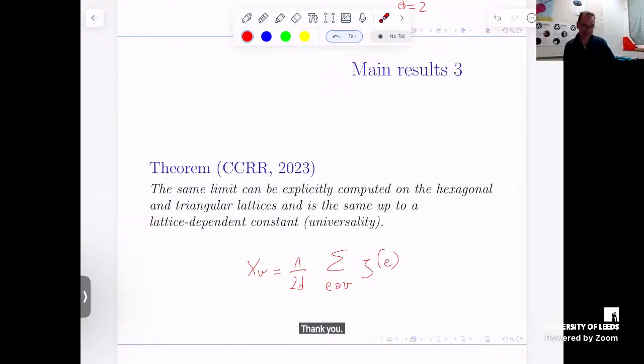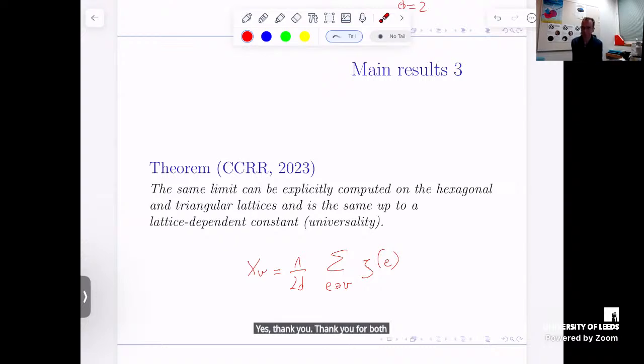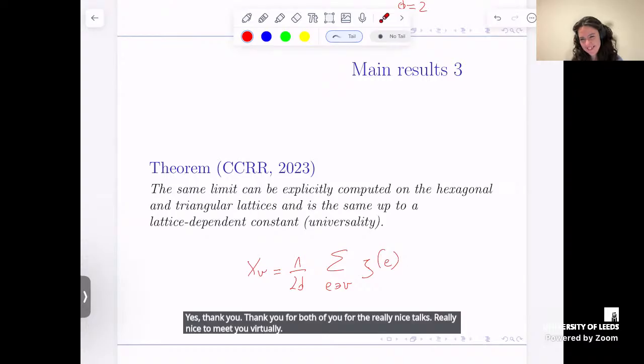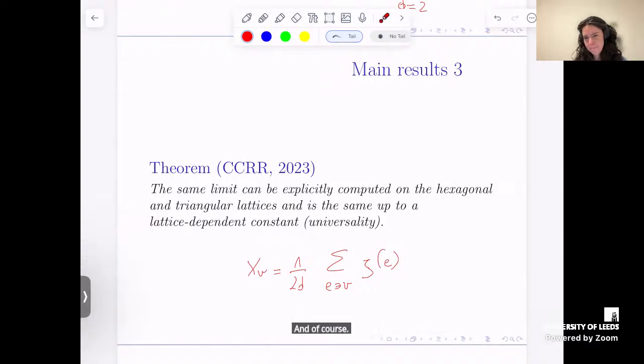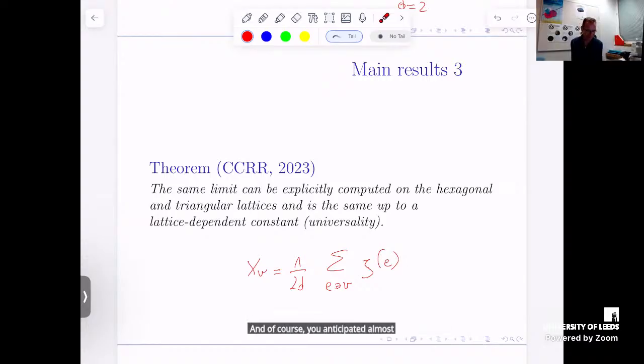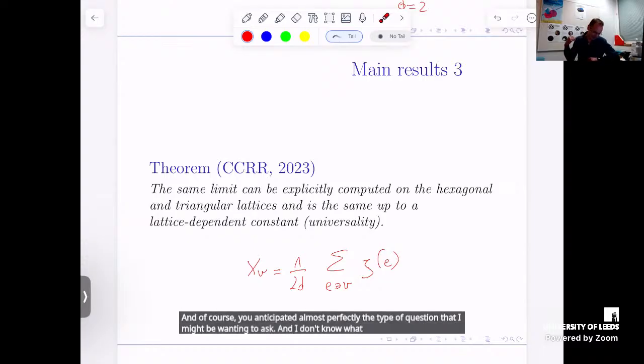Yes, thank you. So thank you both for the really nice talks. Really nice to meet you virtually. And of course you anticipated almost perfectly the type of question that I might be wanting to ask, and I don't know what is fair exactly to ask in that direction, but I really like this identification of the fields in other models with the fields in the fermionic GFF.